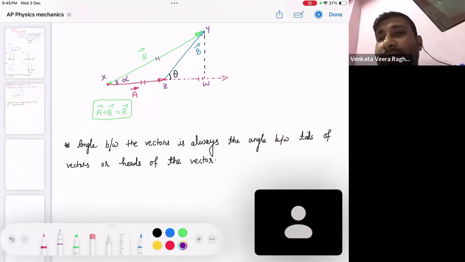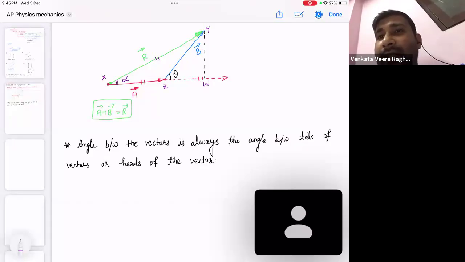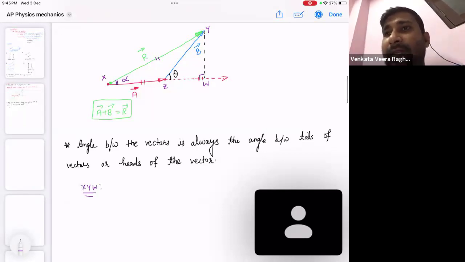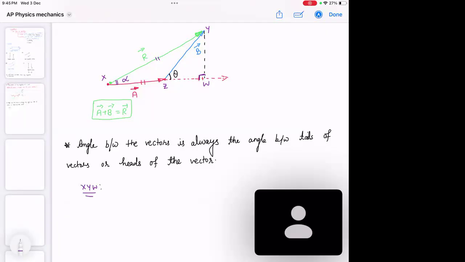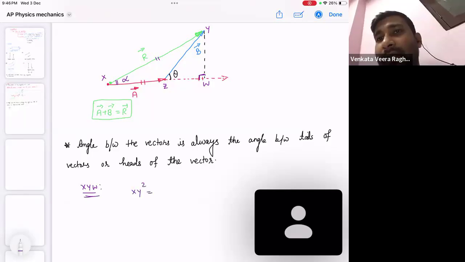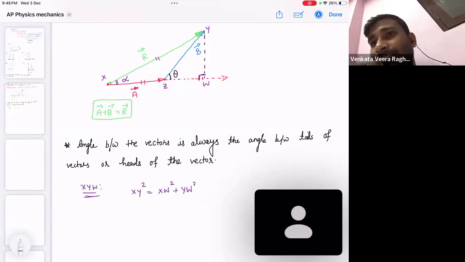So look at the triangle. Which triangle? The XYW triangle. Is it a right angle triangle? I just put a perpendicular here. In this triangle, will you write xy square equal to xw square plus yw square? Please check it.